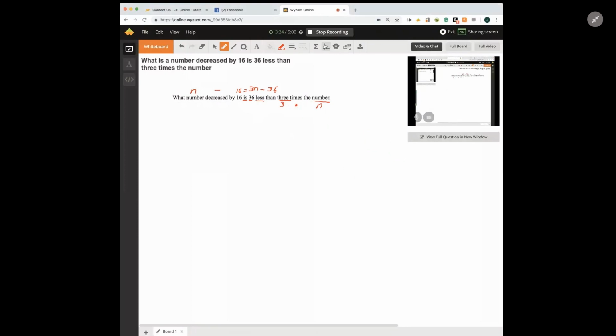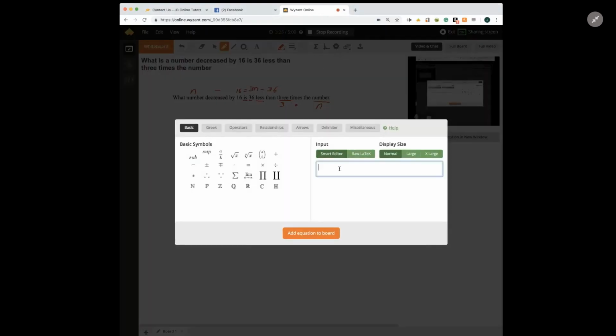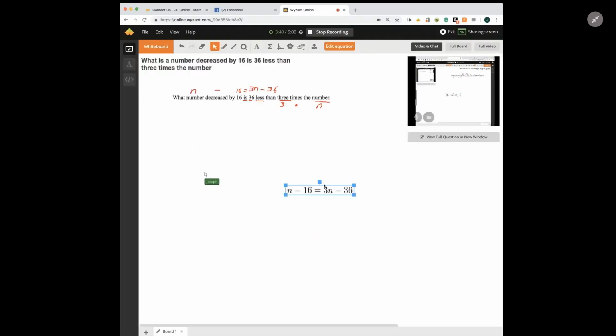So here's where I'm going to utilize our equation editor, which you've now seen pop up on the screen. I'm going to type in the equation, and then we can get to the business of solving it. So here's the equation added to the board. The first step, for a linear equation like this one, is to bring all the linear terms to one side and the constants to the other.